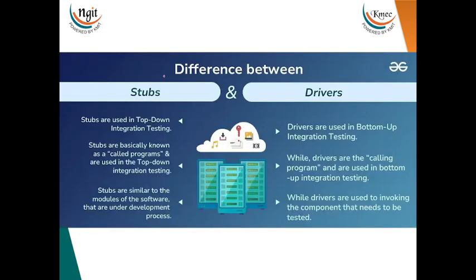So there is a difference between stubs and drivers. Stubs are used in the top-down approach, whereas drivers are used in the bottom-up approach. Stubs are used for simulation. Stubs are basically known as called programs and are used for top-down integration, while drivers are calling programs and used for bottom-up integration testing.